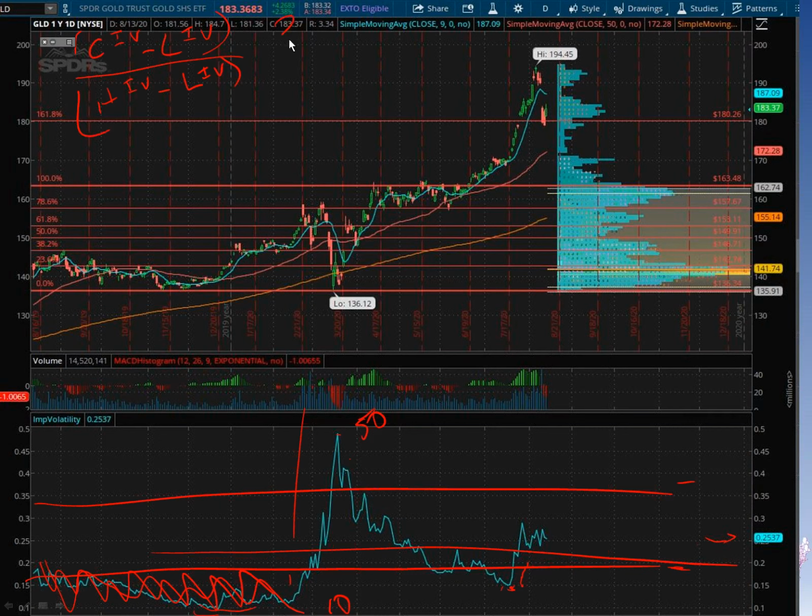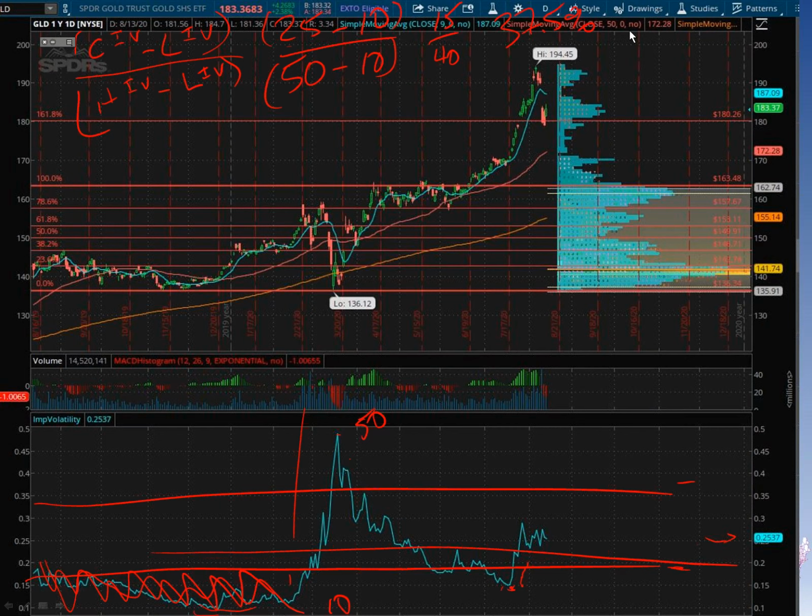So we've got 25 minus 10, divided by 50 minus the low, which is 10. Basically we have 15 divided by 40, which gives me 37.5.